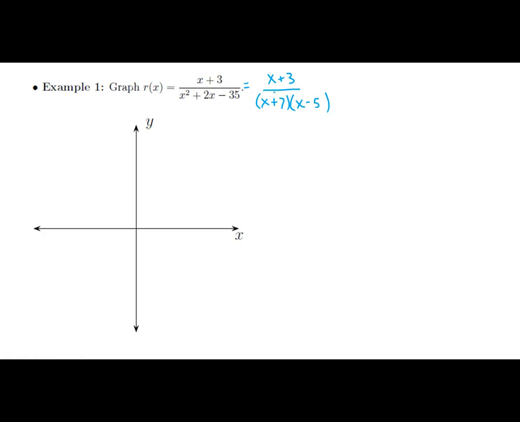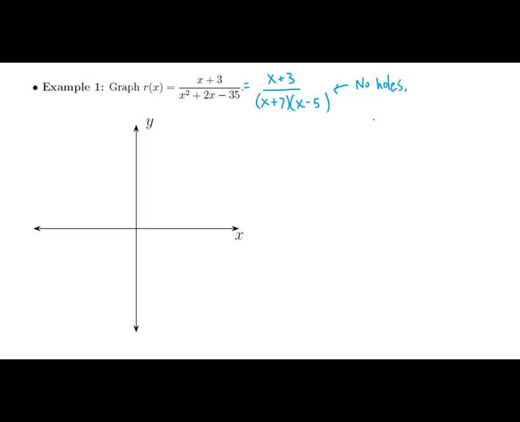And from that factorization, I see there's no canceling that can be done. So the first thing I can note is that in this particular rational function, there are no holes. Because if there were, I would have the same factor, like x plus 3 on top and bottom, that I'd be able to cancel, right? So there's no holes here, so we don't have to worry about that.